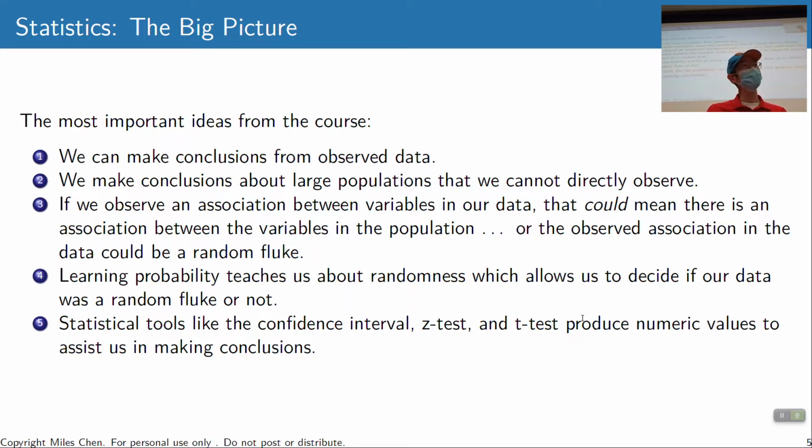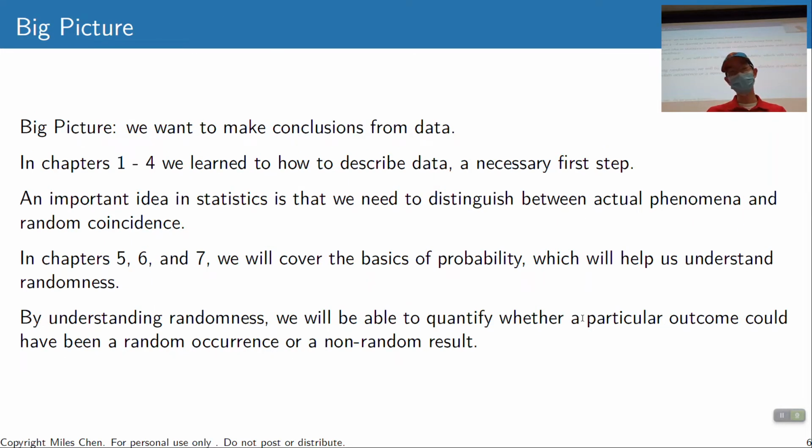But today we're going to be learning probability to help us understand how randomness behaves. Chapters 1 through 4, all of the previous content that we've seen, help us to describe data and relationships in our data. And today's chapter and chapters 6 and 7, we cover the basics of probability. Again, we want to understand how randomness works.